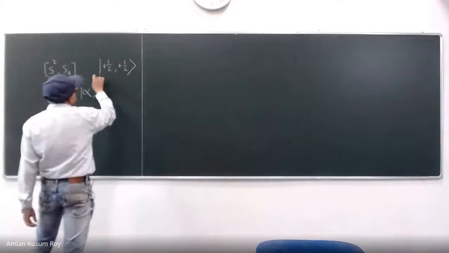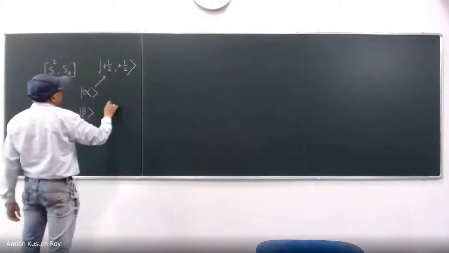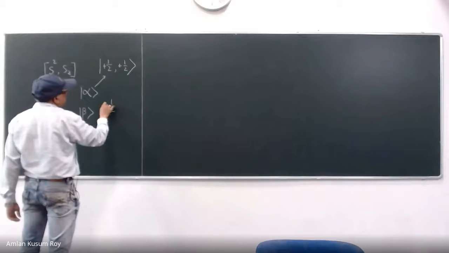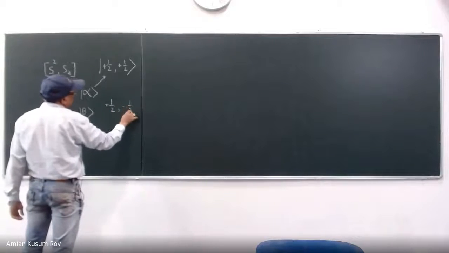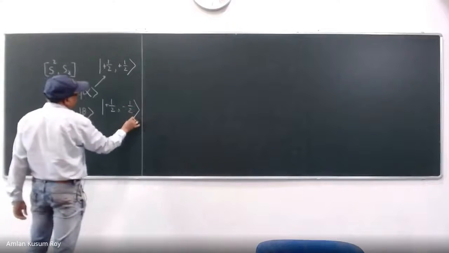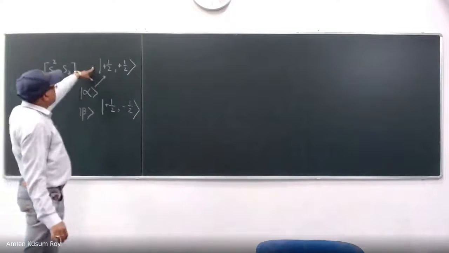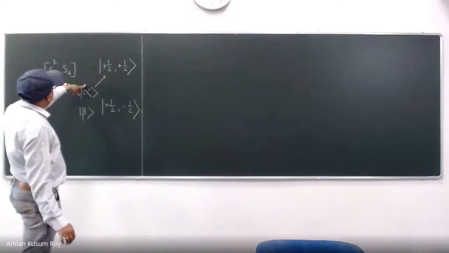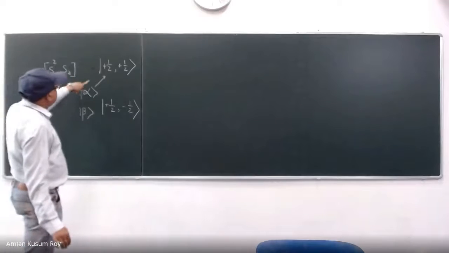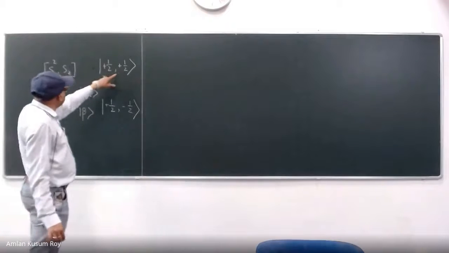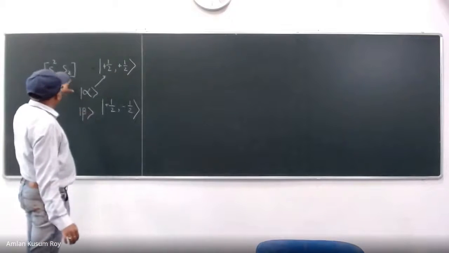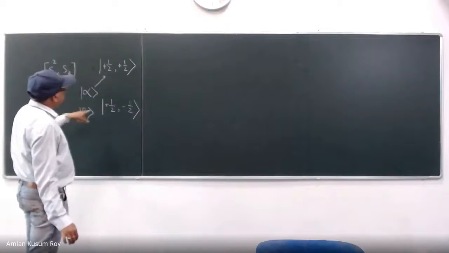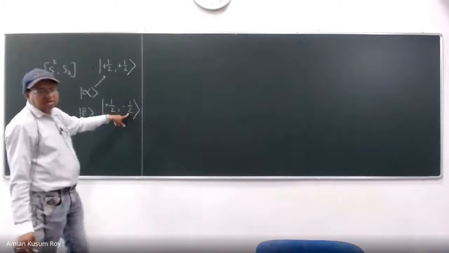This is my definition of alpha, and this is always half, there is no need to write it, but just to make sure you understand. So alpha is the eigenstate of the Sz operator with the eigenvalue plus half, and beta is the eigenfunction of the Sz operator with the eigenvalue minus half.